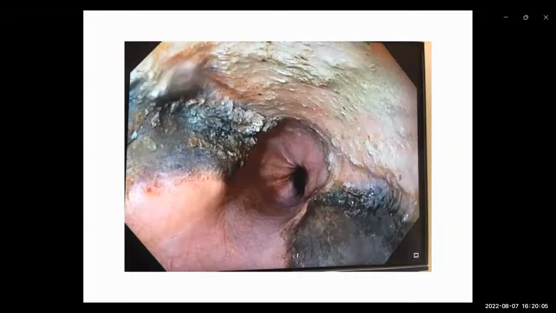Button batteries impacted in the esophagus can cause electrical burns, caustic burns, and necrosis, and should therefore be extracted urgently. Retrieval nets are most useful in this indication. Here you can see the aftermath of an accidental ingestion and impaction of a button battery in the lower esophagus in a young adult patient.